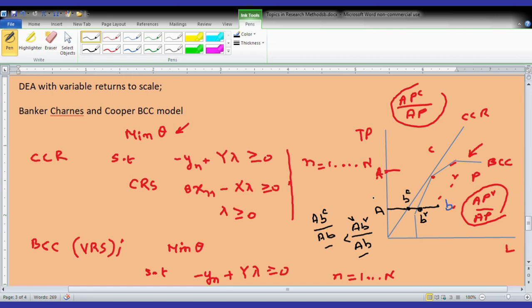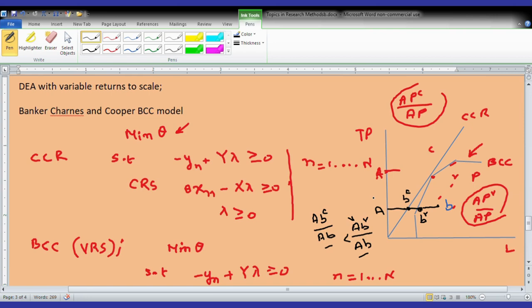So for the smaller firm, there is a possibility that it might be in the downward sloping portion of the long run average cost curve, and for the larger firm there is a possibility that it might even be on the rising portion of the long run average cost curve, or at the minimum of the long run average cost curve because of optimal efficiency. And we really want to avoid such a situation.